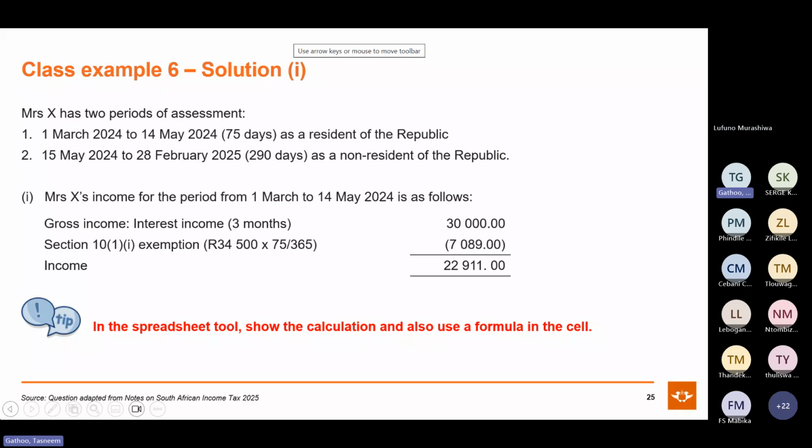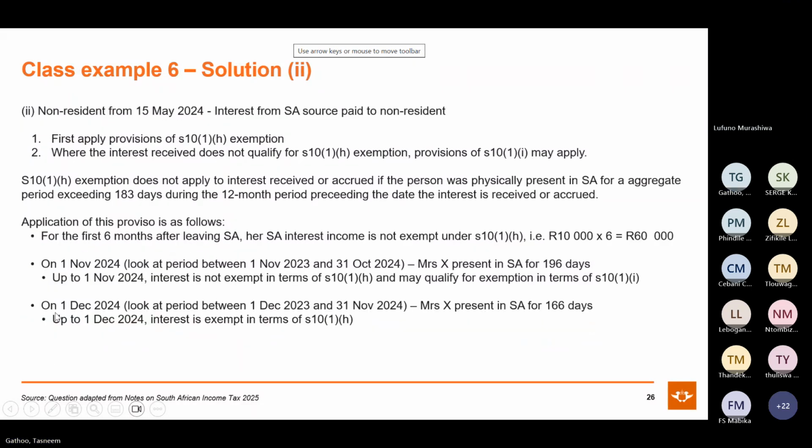Okay, to come back to this, now we're back to the second part. We said that from the 15th of May, Mrs. X received interest from a South African source as a non-resident. Now, for non-residents and interest, there are two provisions that could apply. First, you start by applying the provisions of section 10(1)(h).